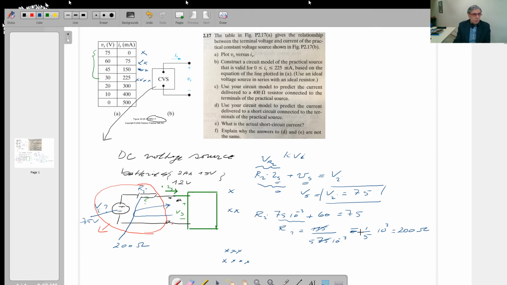So that means in practice, when you've got a source, the corresponding ideal element model of this practical source is like that, and we found these values. Now let's get some conclusions out of this. One of the conclusions is this. I'm going to redraw this one here, make it a bit better.